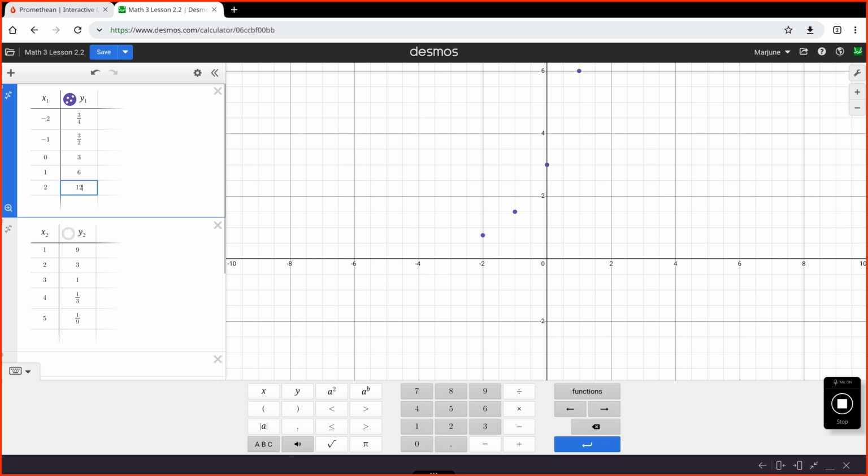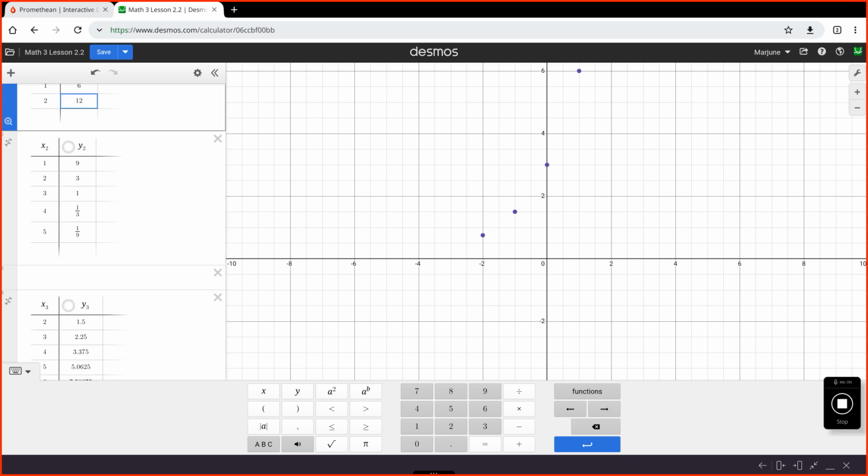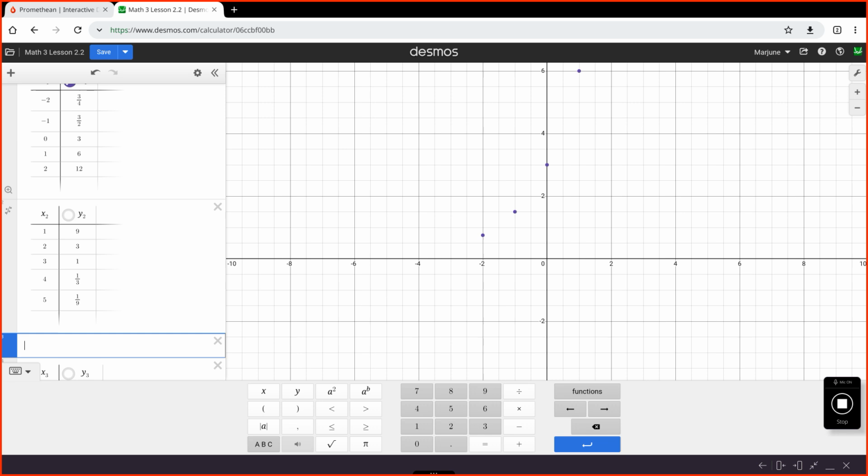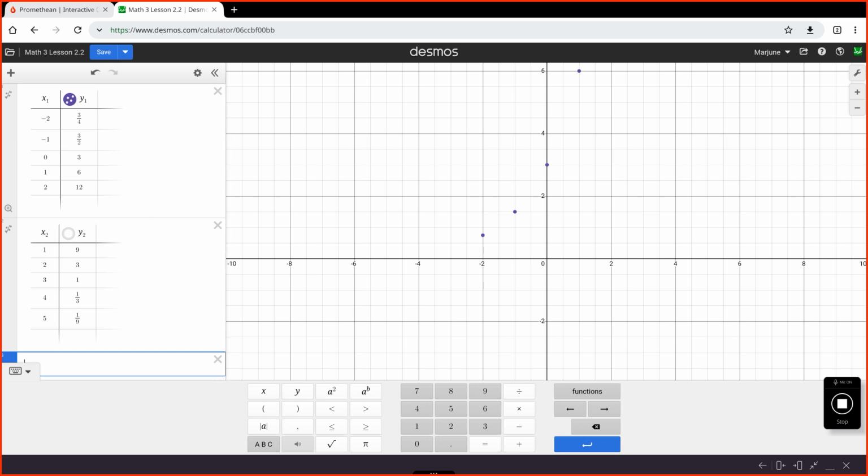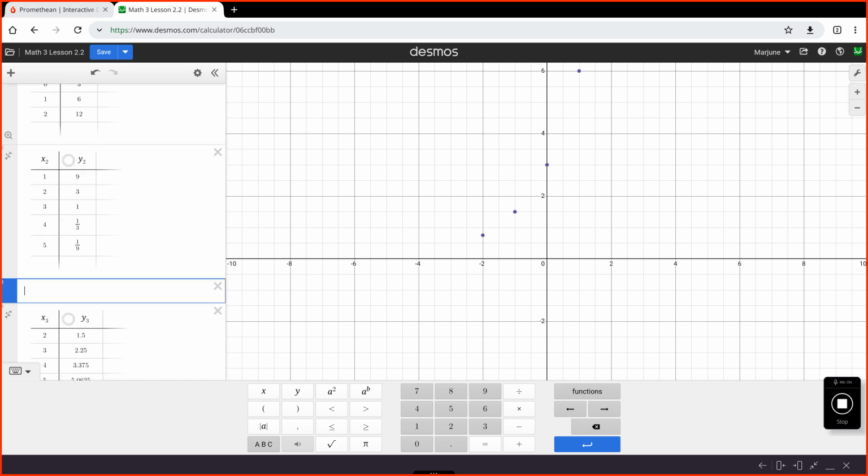We have the points. Now, I just need to create another row. It can be any row. And then just write the regression model, okay? So this one, I'm using x sub 1 and y sub 1, so make sure you know the subscript in your table. If it's x sub 1, y sub 1, you're going to use the subscript. If it's a different subscript, you're going to use x sub 2, y sub 2, so on, okay? So this is y sub 1 first.